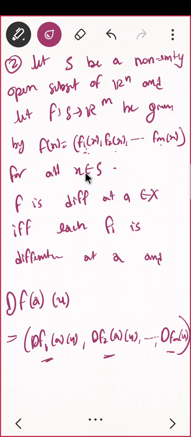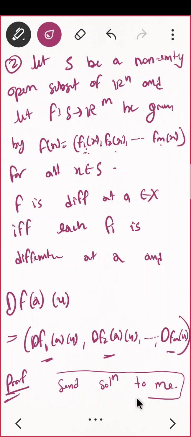I would like you to try this and you may send it to me. You can take the help of the previous part on continuity and limits, where we did the same thing. So you may take that help and try to prove it and show it to me.